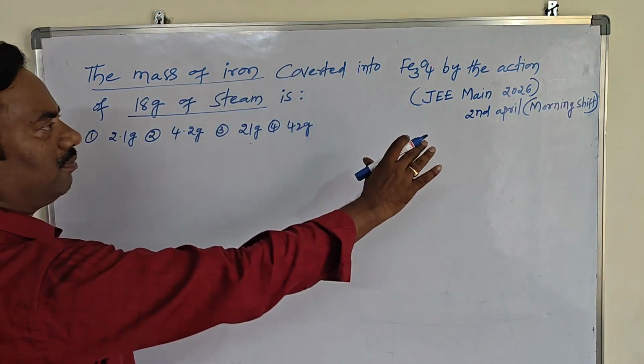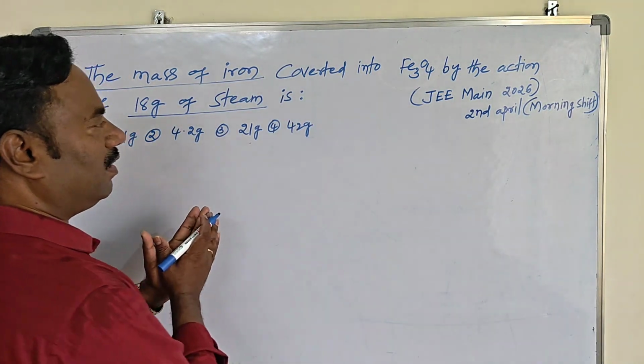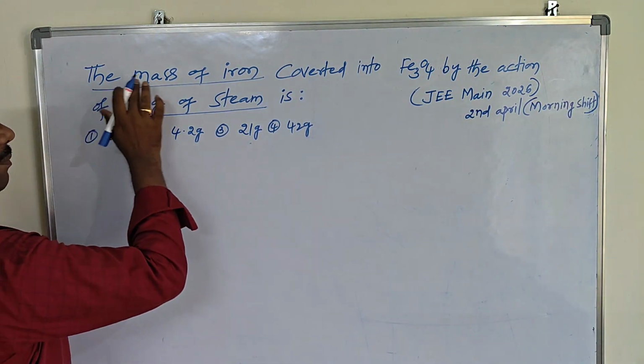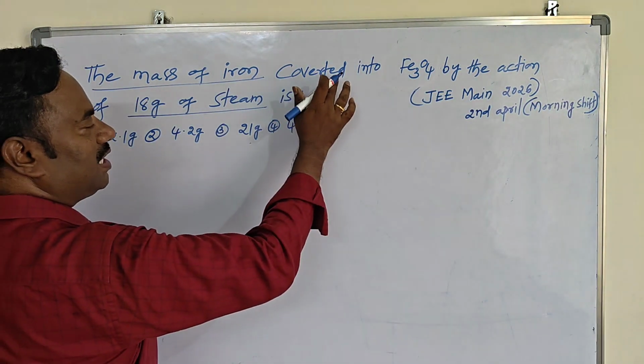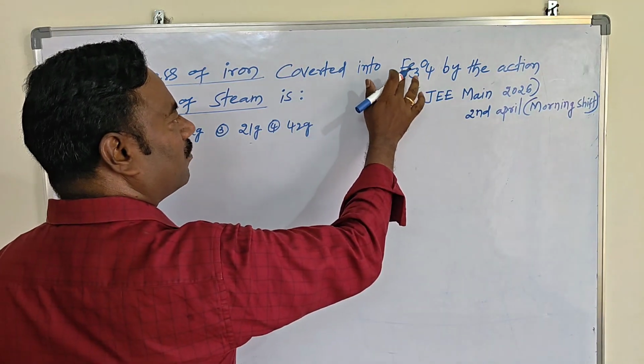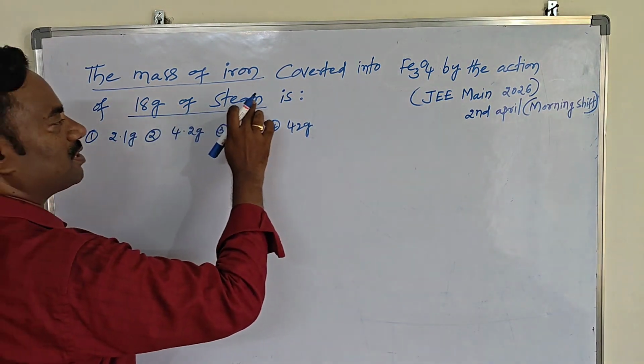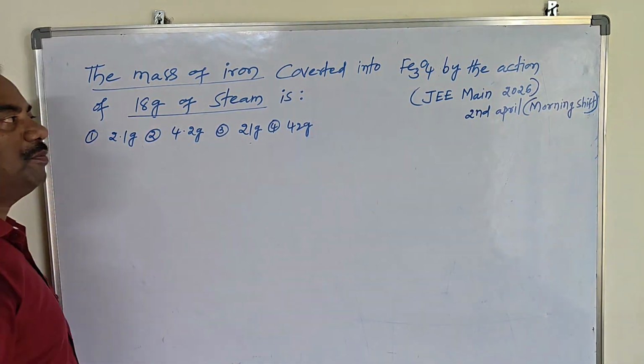What is the problem? What is given, what they are asking, first try to understand. The mass of iron converted into Fe3O4 by the action of 18 grams of steam is, these are the options.